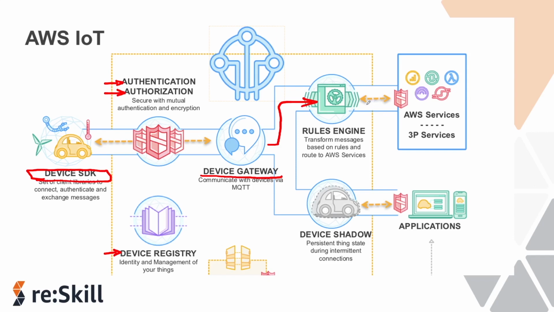It can publish to an SNS topic. Things like that can happen from the rules engine. But we can also store the last known state of these devices. The way we do it is we simply forward it to the device shadow. So the device shadow maintains the last known state of the device that actually communicated with the IoT gateway.